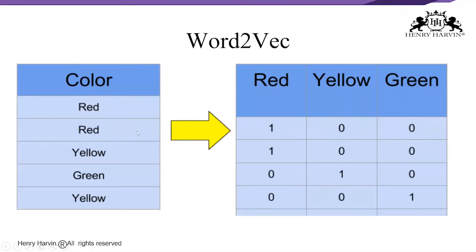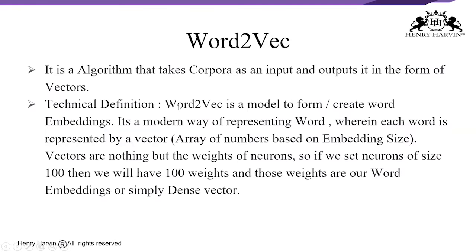So again, red is 1, 0, 0. Again, yellow is 0, 1, 0, and then green is 0, 0, 1. So next for this yellow, it's going to be 0, 1, 0, right? So very simple. It is converting text into numbers. That's what I could figure out from that.